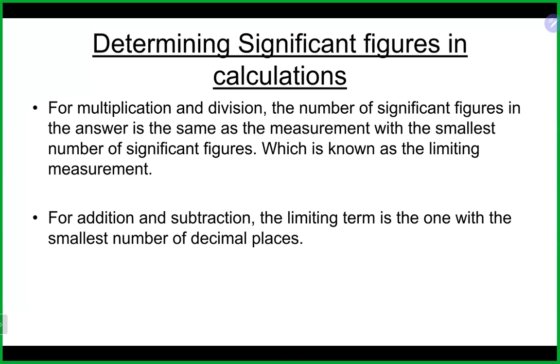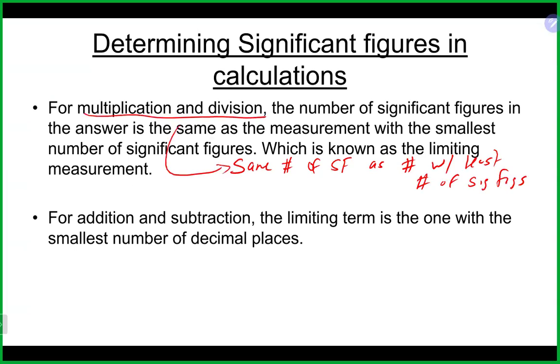If you multiply or divide numbers, the answer should have the same number of significant figures as the number with the least number of sig figs. So if you multiply or divide, your answer should have the same number of significant figures as whichever one had the least.